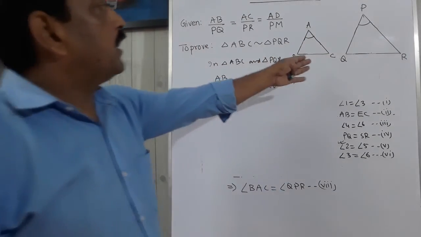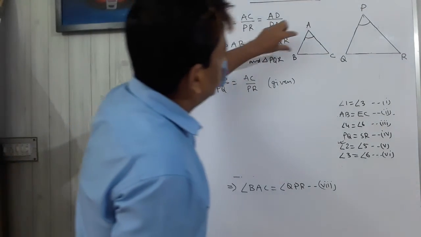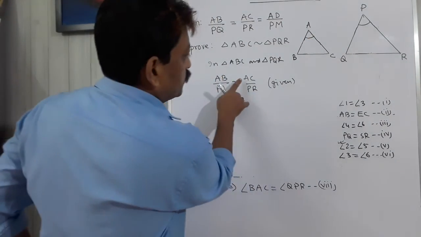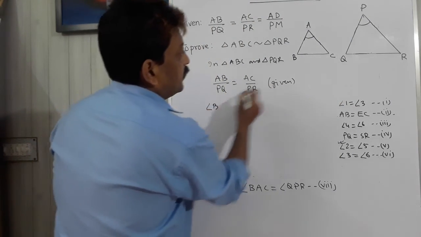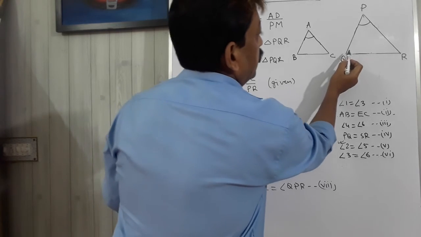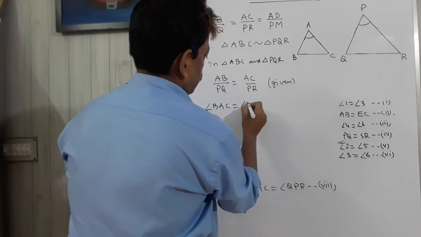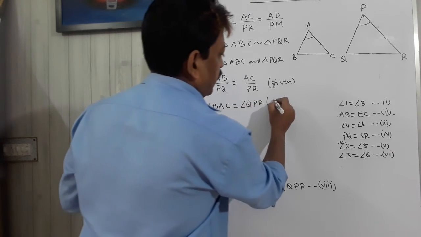So now we have triangle ABC and triangle PQR, where we have got AB upon PQ equals AC upon PR, and angle BAC equals angle QPR. We have got this from equation number 8.